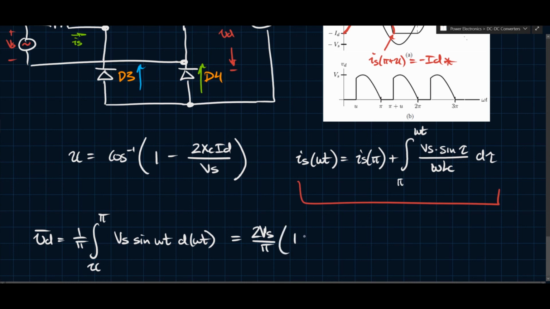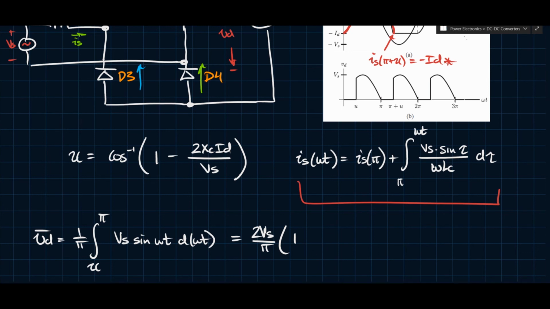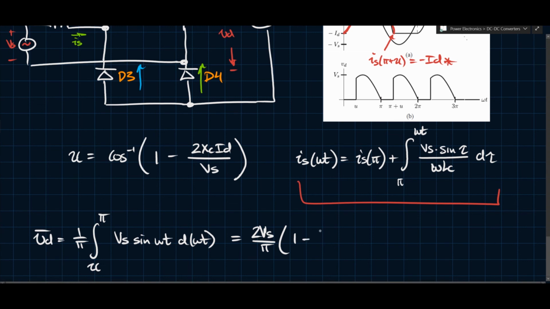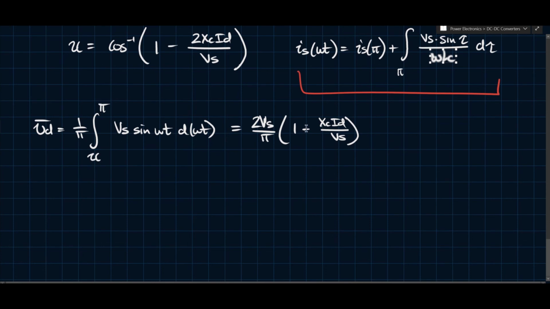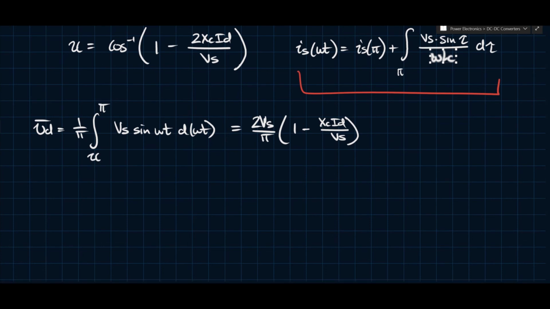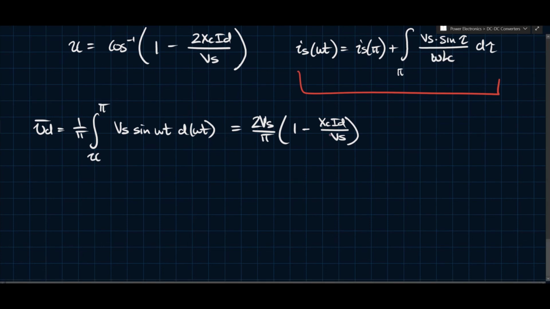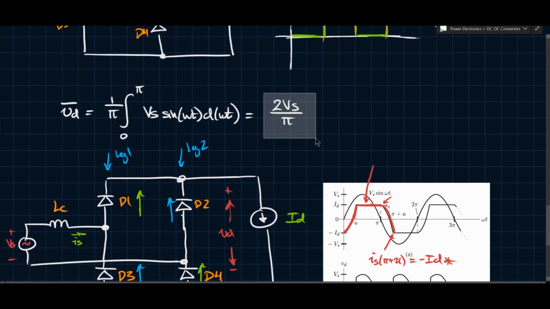This will be 1 plus cos U, and we can say this is going to be 1 minus XcId over Vs. Xc is the reactance of this inductor, so omega Lc is basically what Xc is equal to. We look at this and see that when the reactance is 0, this is 2Vs over pi, which is exactly the standard case of the bridge rectifier, right? That's what this output is.